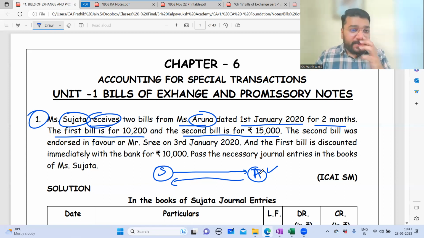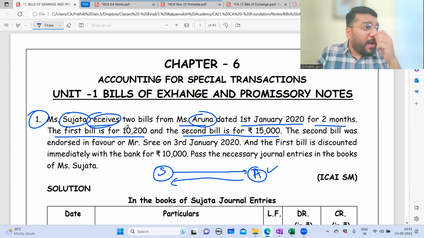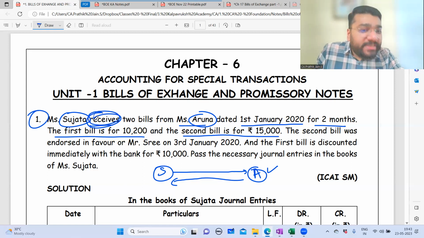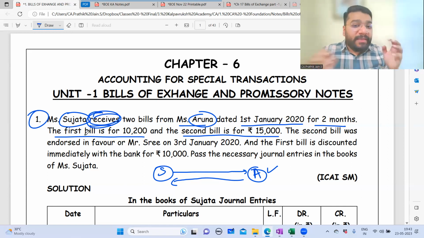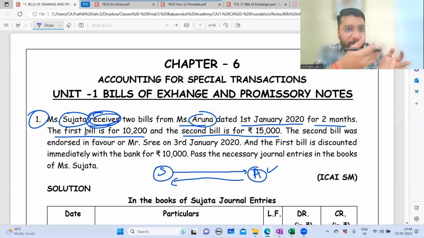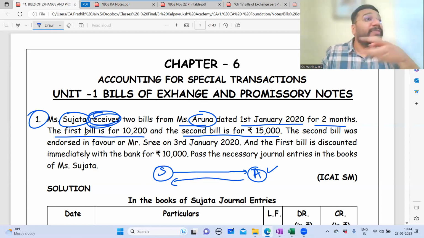Okay. So now guys, here Sujata receiving the bill. They are talking about the bill that is received after signature, after acceptance. The question is silent on which receiving aspect they're talking about. Whether Sujata gives the bill to Aruna for acceptance, so Aruna is receiving the bill. So is this the bill receiving for acceptance, or the bill received after acceptance?